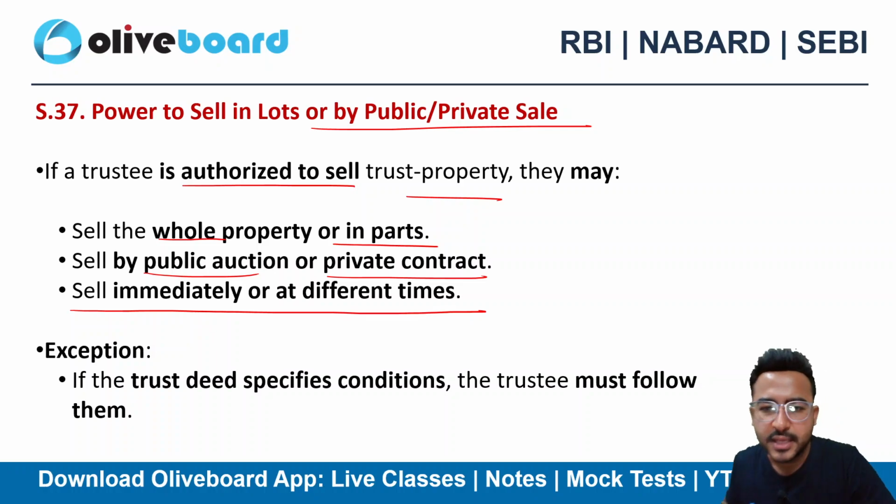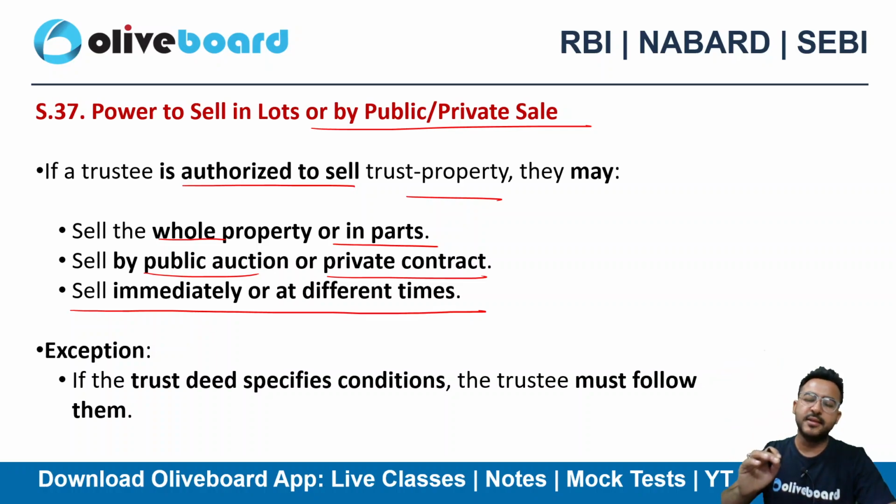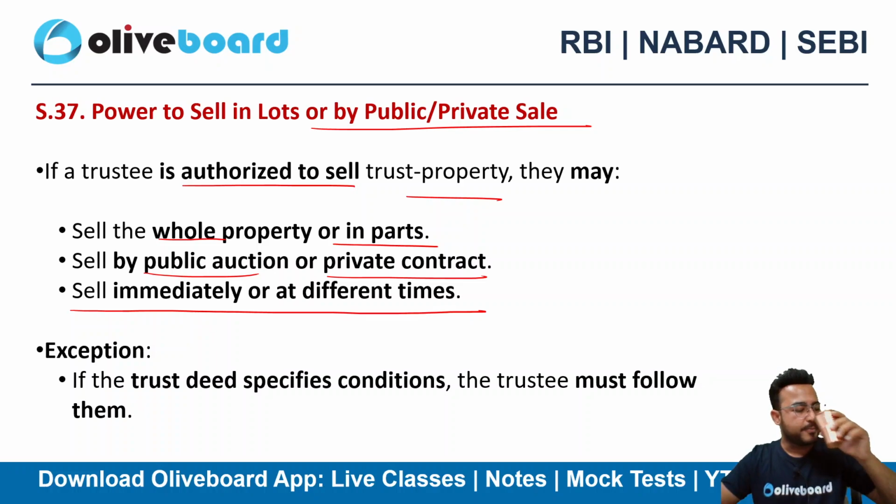He needs to follow the conditions of the trust deed. If there is any particular condition in the trust deed, it will get priority. If not, then the trustee can definitely go ahead with his professional judgment. Okay, so these are some of the powers a trustee has.